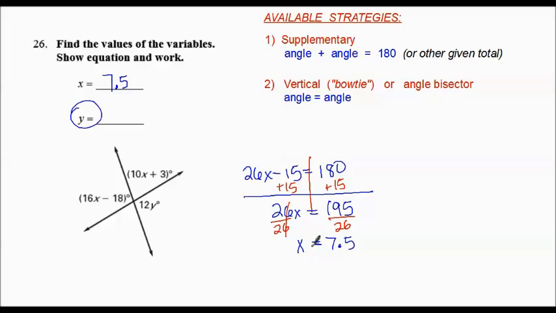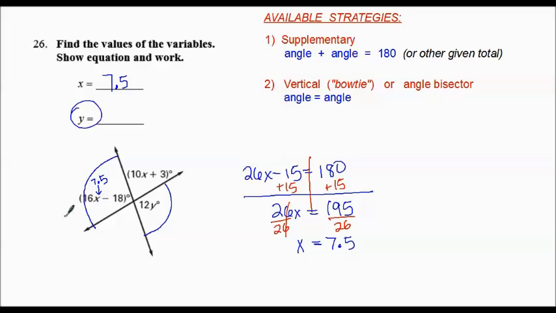Well, if x is equal to 7.5, and if I knew what this angle is, I know that it's equal to 12y, so I can now use the vertical angle strategy. Since I know that this value here is 7.5, I don't want to be dealing with the variables anymore.